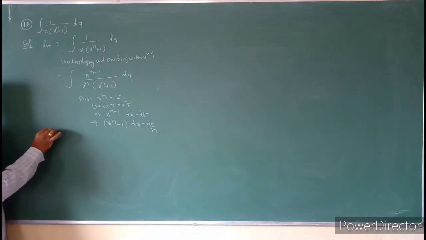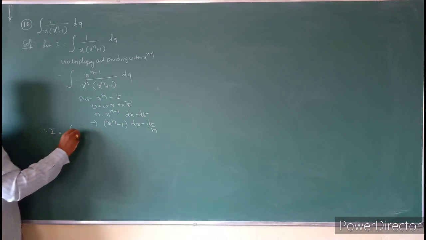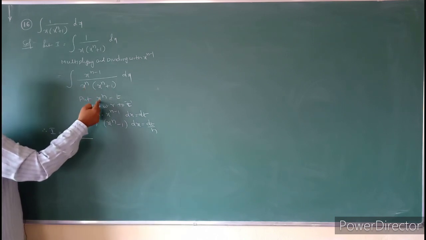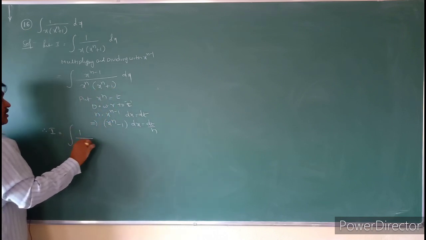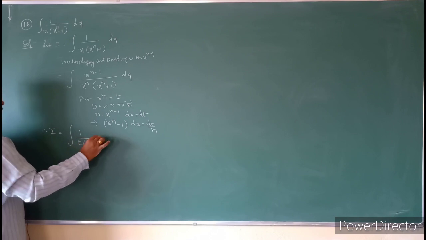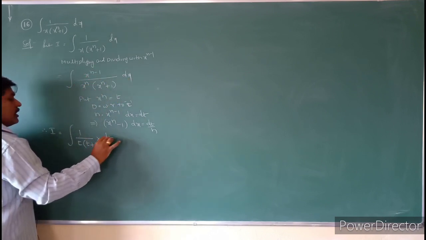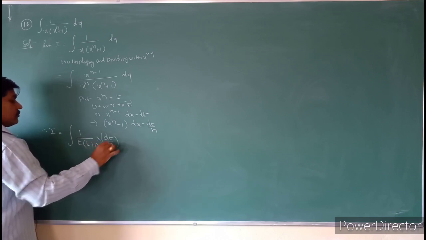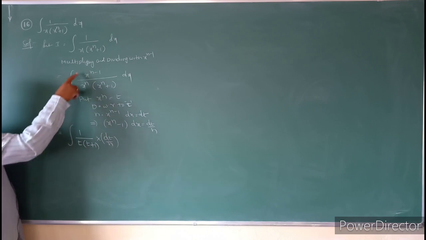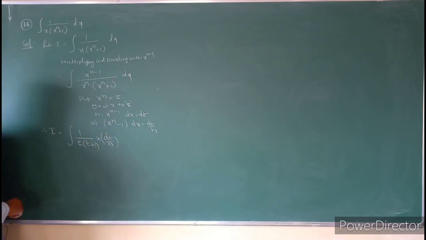Therefore, I can be written as the integral of 1 by x power n, whose value is t, and x power n plus 1 is t plus 1, into x power n minus 1 dx, which becomes dt by n. So it is 1 by t into t plus 1, with dt by n.